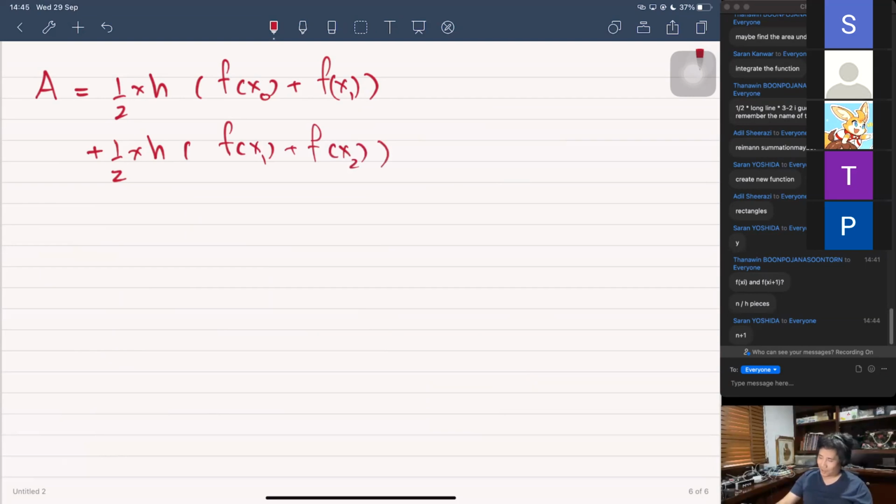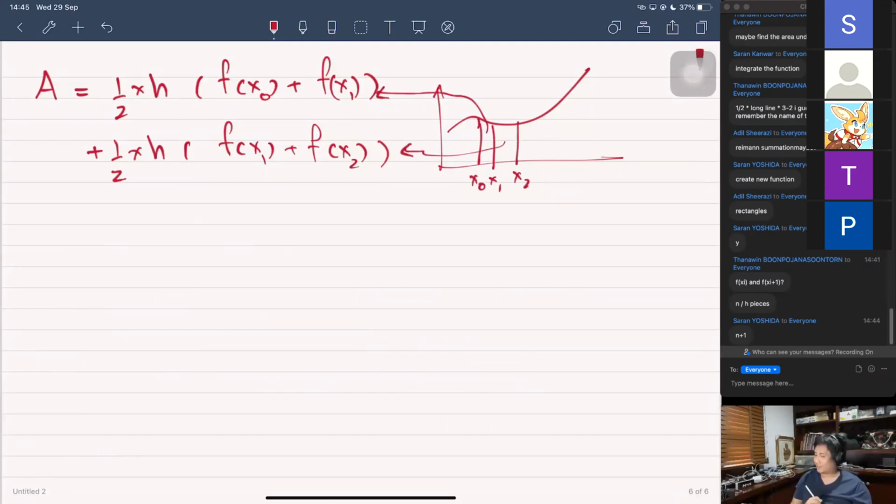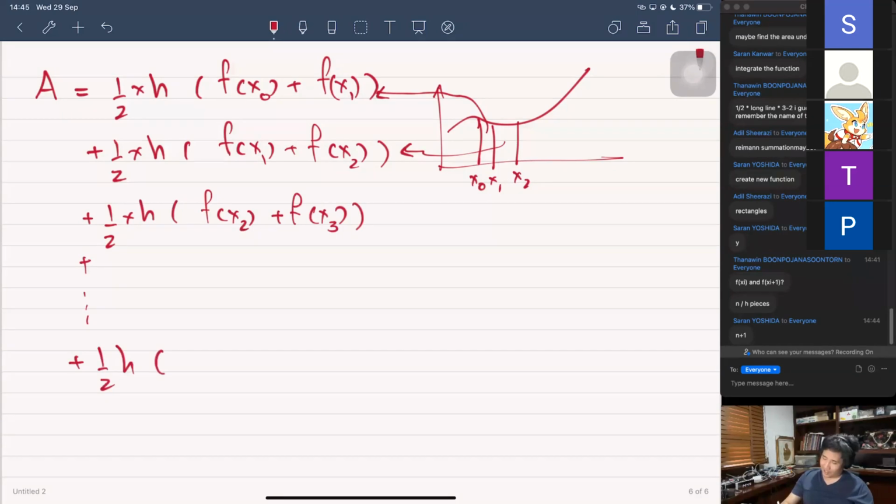Actually, let me draw you a picture so you can see how it works. So this is the first piece, x0, x1, and the second piece, x2. That's why x1 is repeated. And then plus a half times h times f of x2 plus f of x3, plus dot dot dot, plus a half times h times f of xn minus 1 plus f of xn.